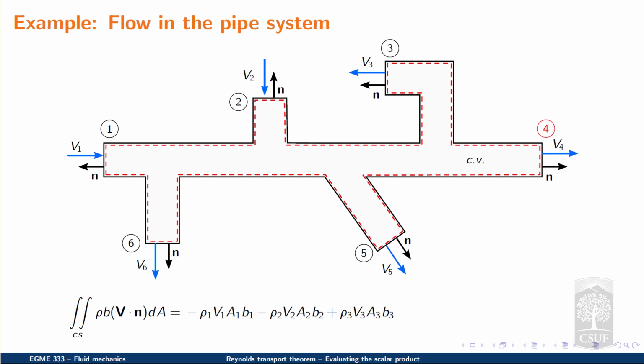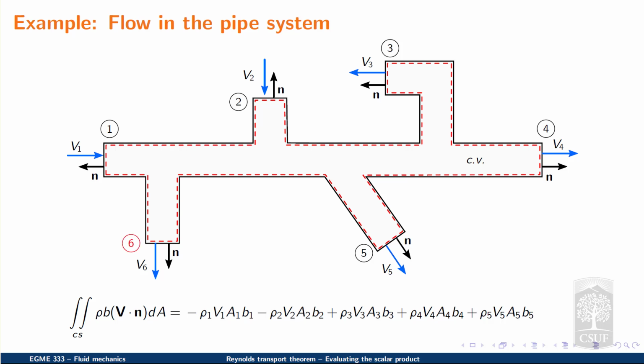Therefore, point 4 also corresponds to an outlet. So we add rho sub 4 times V sub 4 times A sub 4 times b sub 4. Point 5, same situation. The local velocity points away from the control surface and in the same direction as the local unit vector. So we add that flux to the entire integral.